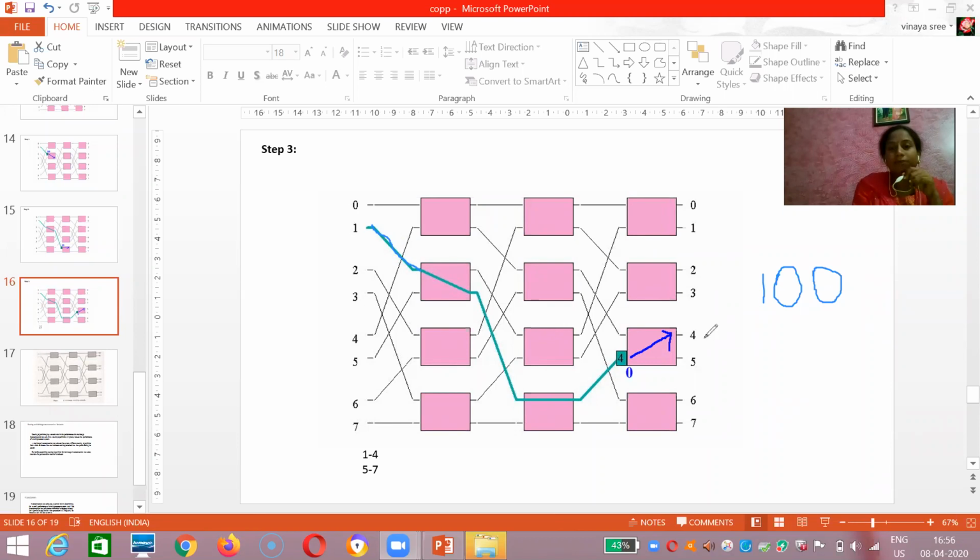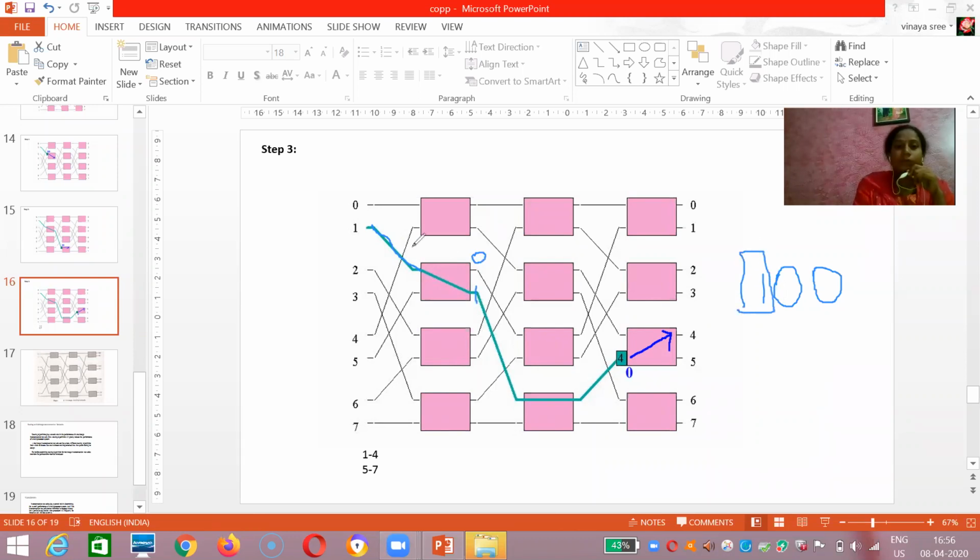So memory module 4 as a decimal number will be represented by the binary number 100. This most significant bit we have to check in the first stage of switches. As everyone knows, while discussing the two-phase switching network, you will have a 0 and 1. So here in the first stage, what bit are we having?